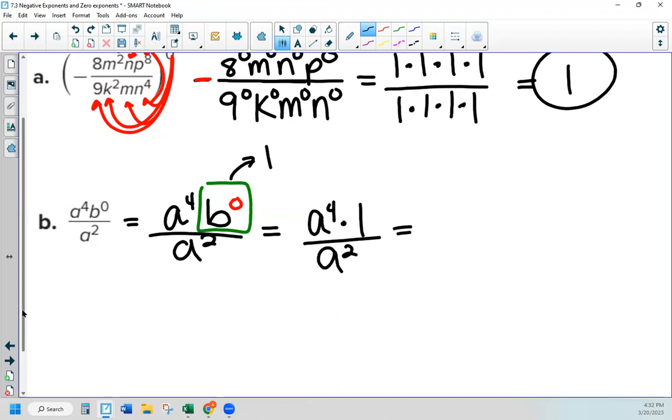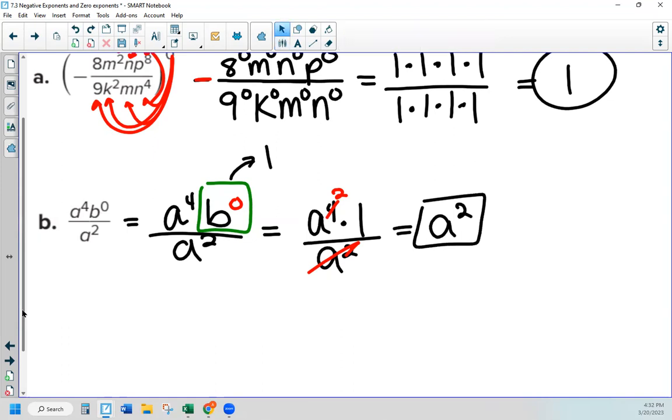What do we do when we have division with exponents? The 2 a's on the bottom will cancel with 2 of the ones on the top. That leaves us with just 2 a's on the numerator. That's it. This is our final answer.